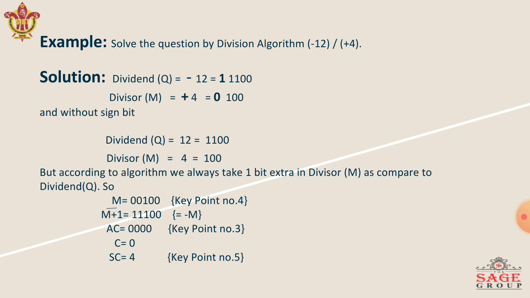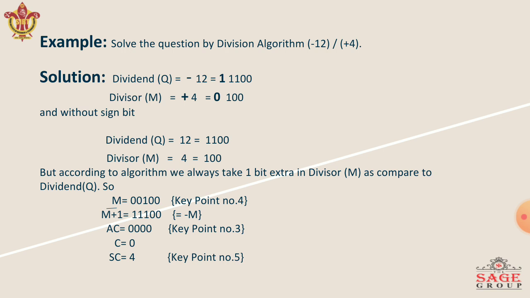There also the leftmost bit 0 represents the sign bit of the divisor. Without the sign bit, dividend Q, that is 12, equal to 1100, and divisor M, 4, equal to 100.